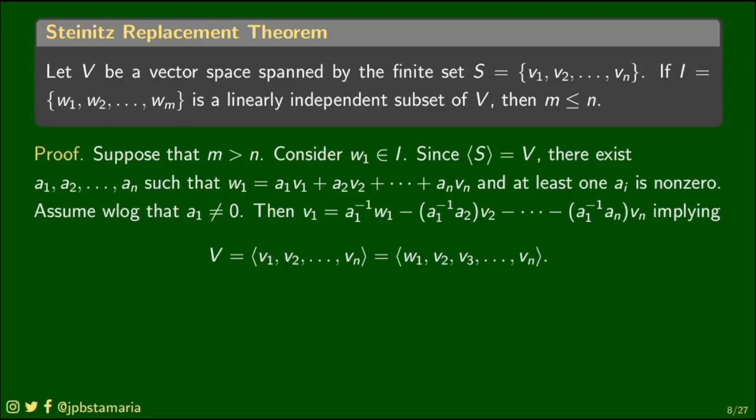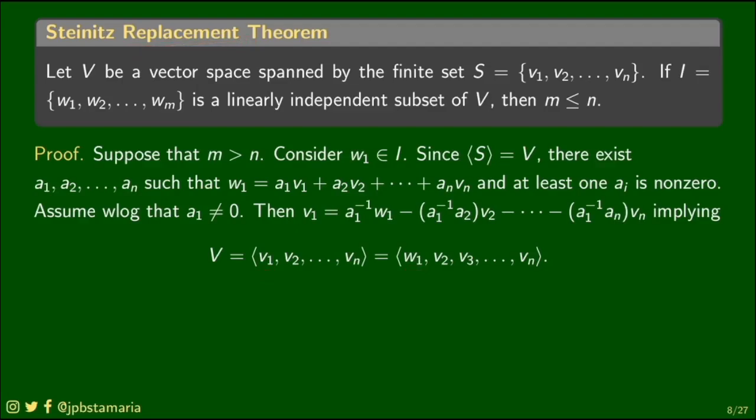Do you understand that? Okay? Because V1 is just in the span of W1, V2 up to Vn, then you can replace V1 here by W1. That's why the theorem is named Steinitz replacement theorem.